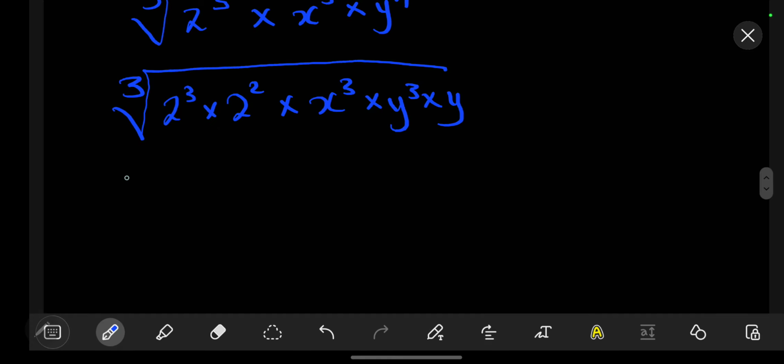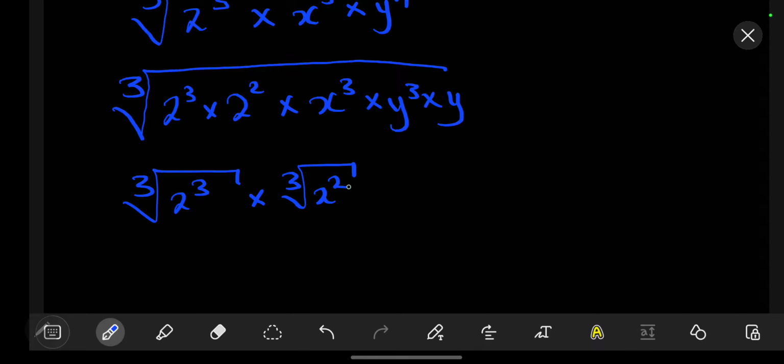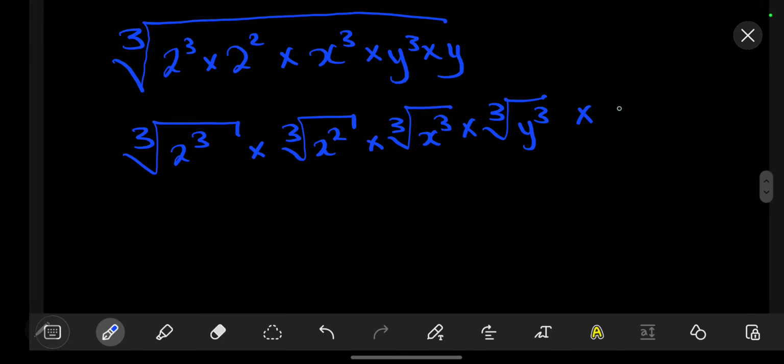So I can now split. This is the same as the cube root of 2 to the power of 3 times the cube root of 2 to the power of 2, times the cube root of x to the power of 3, then times the cube root of y to the power of 3, then times the cube root of y.